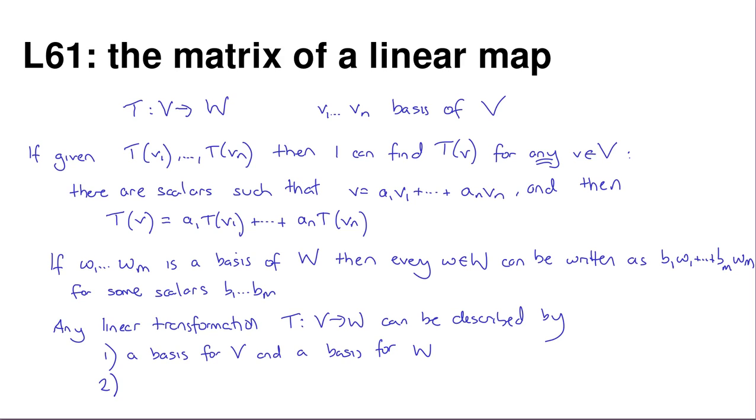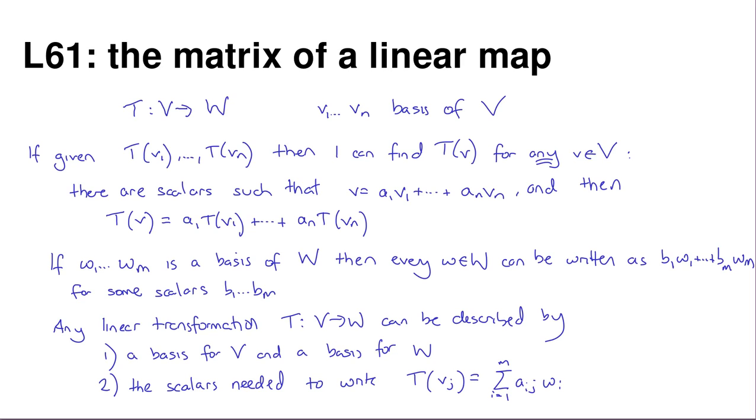And secondly, the scalars needed to write each image of a basis element for V as a linear combination of the basis vectors for W. So we'll call the coefficients involved in this Aij.